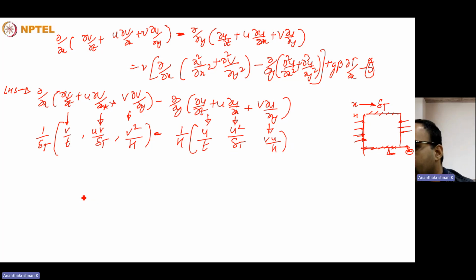So basically, we have U, V as the unknowns, but we also have the continuity equation from where we can get a relationship between U and V. But it's better if you represent either in terms of U or in terms of V. We can represent it in terms of V because that is the vertical direction velocity that will be dominant for the natural convection circulation.